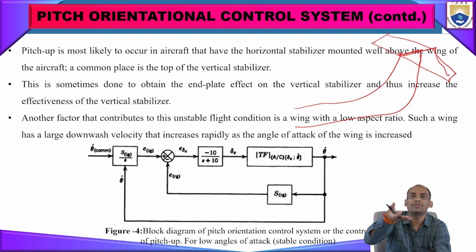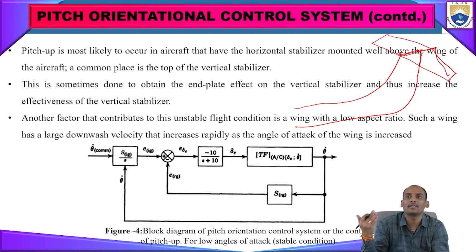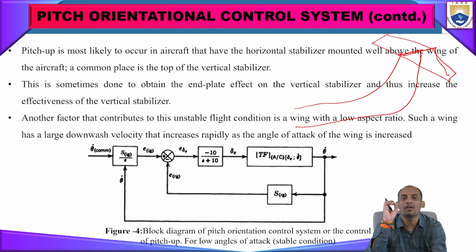If you see the CM versus alpha curve, whenever we apply a small change in alpha, it can easily go from a stable condition to an unstable condition.